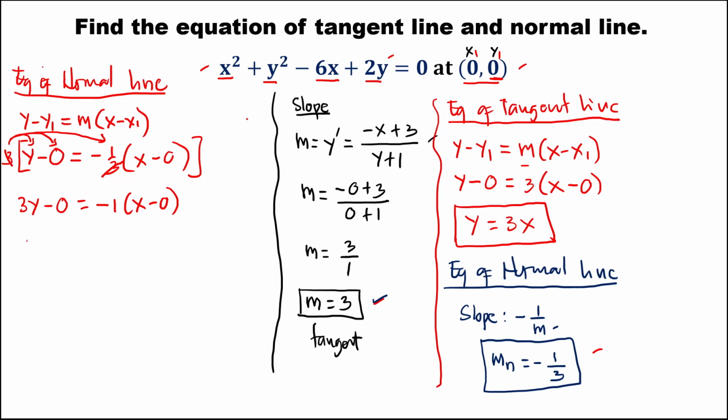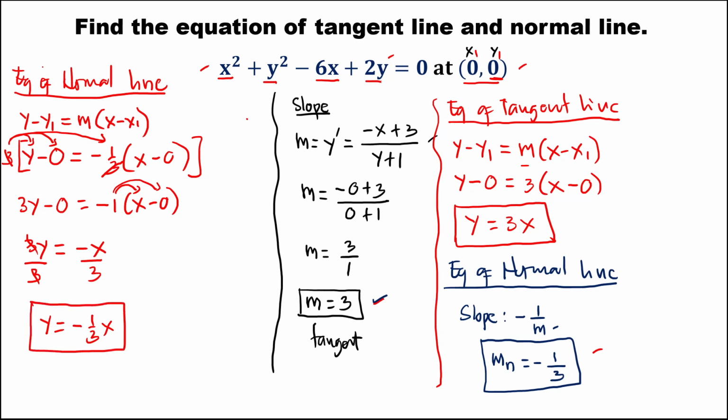To simplify, 3y equals negative x. Then divide both sides by 3 to solve for y. So we have y equals negative 1 over 3 x. This is now the equation of the normal line.